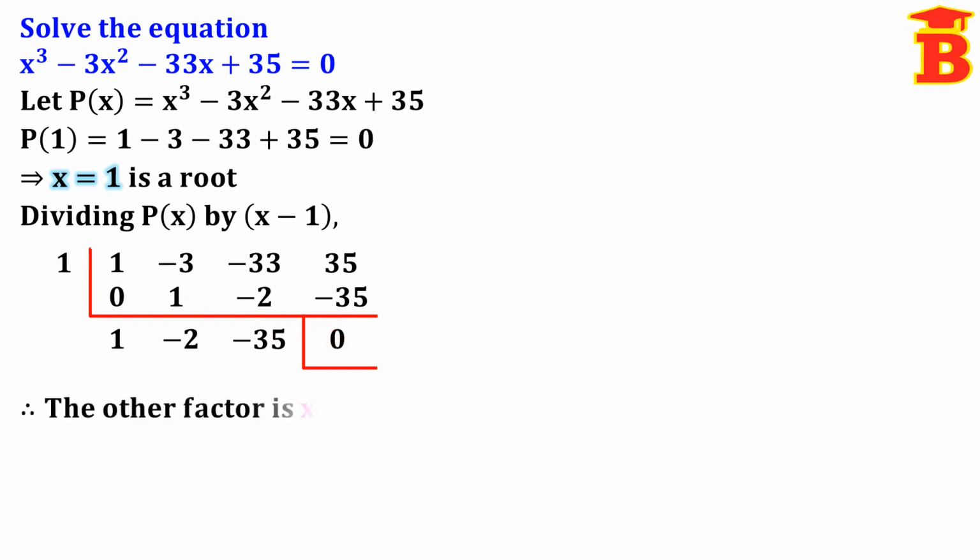And therefore the other factor is this: the last number is the constant, this term is the x term and this term is the x square term. So when we write the factor, we have to write like this: 1x square minus 2x minus 35. For this we can find the factors.